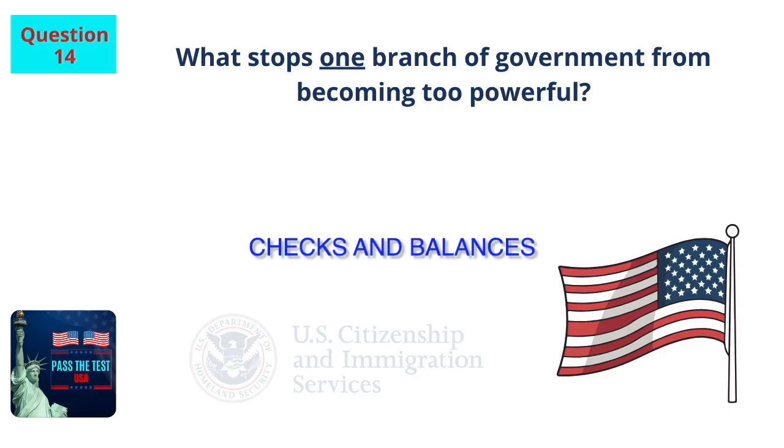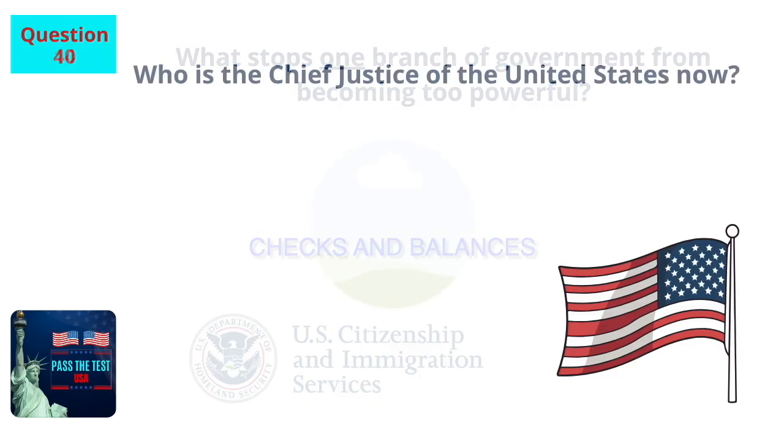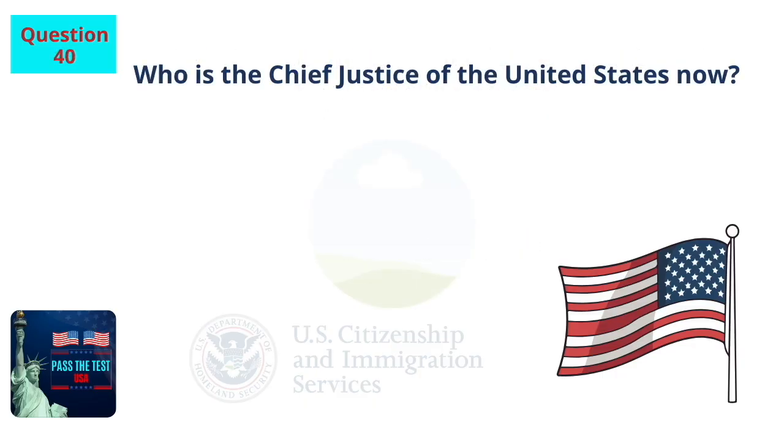Checks and balances. Who is the Chief Justice of the United States now? John Roberts.